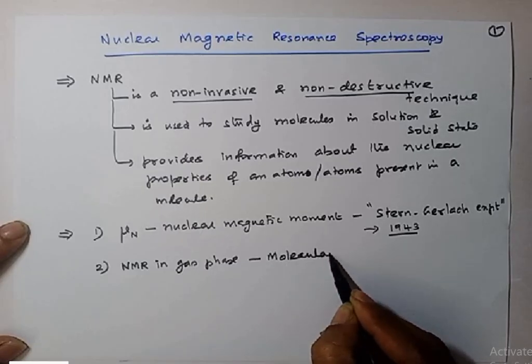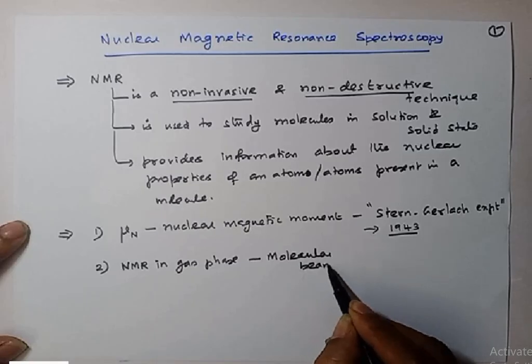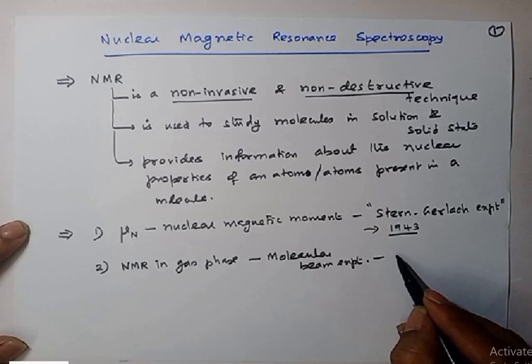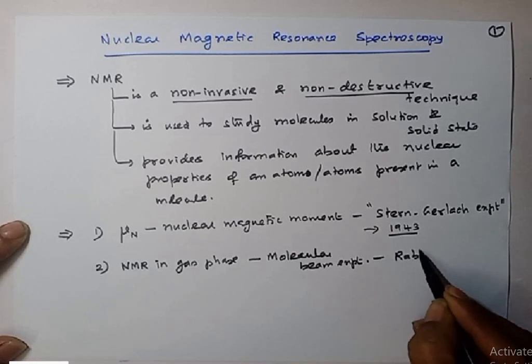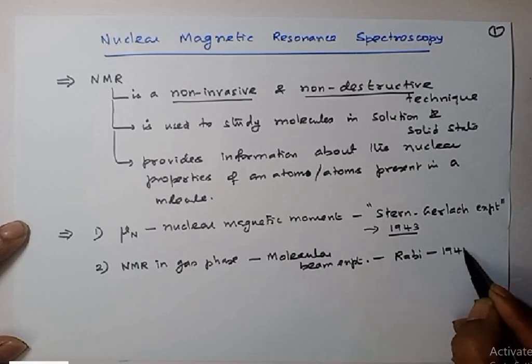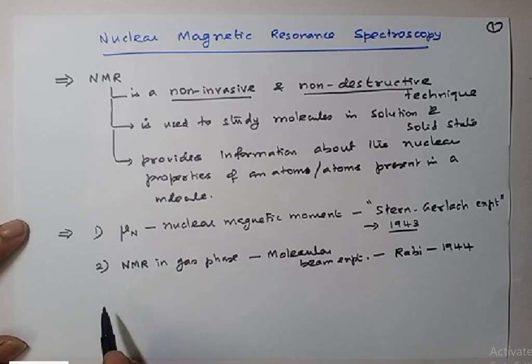This was carried out by scientist Rabi, and he received the Nobel Prize in 1944.